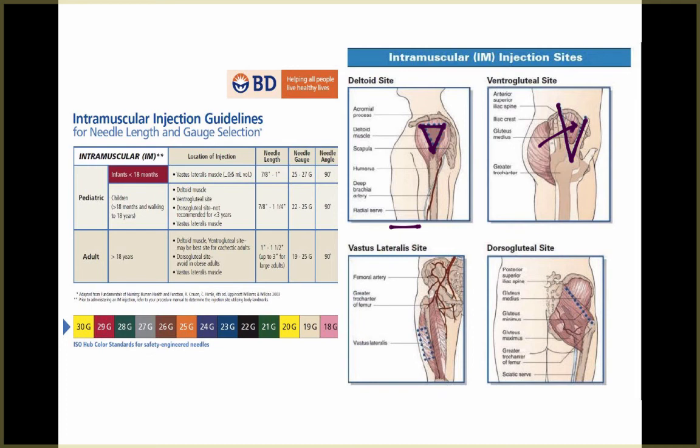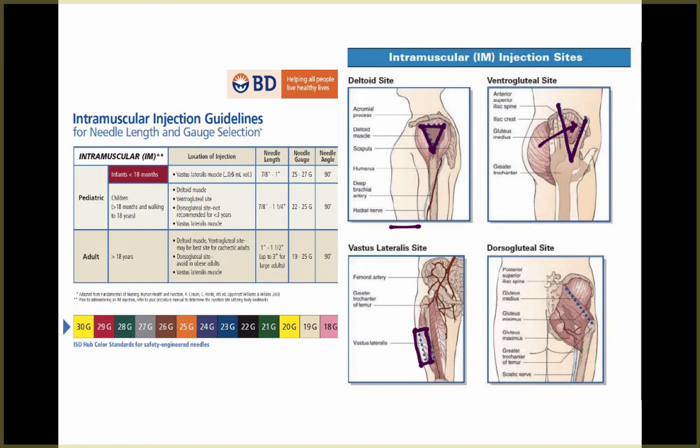The next one is the vastus lateralis. The injection site is in the lateral middle third of the thigh, basically between the greater trochanter and the knee.